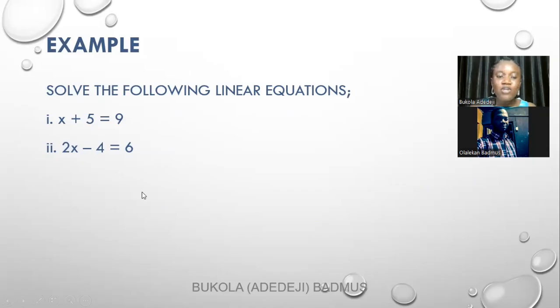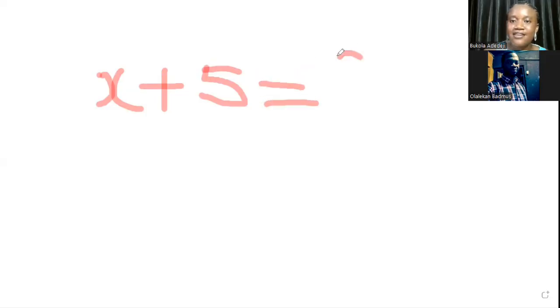Now, we have x plus 5 equals 9, and we have 2x minus 4 equals 6. x plus 5 equals 9, right?